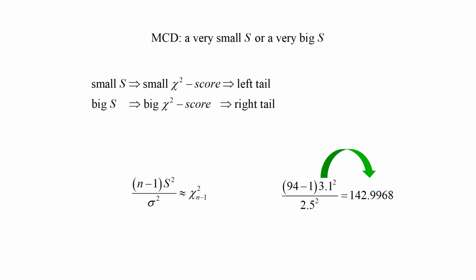Really big chi-squared scores are the result of big values of S. And so we could also be convinced if our chi-squared score was on the far right, towards infinity on our chi-squared graph. So because our test statistic could be either really small or really big, we have what's called a two-tailed test. I could be convinced if my chi-squared score was farther away from the center of the chi-squared graph than we currently are.